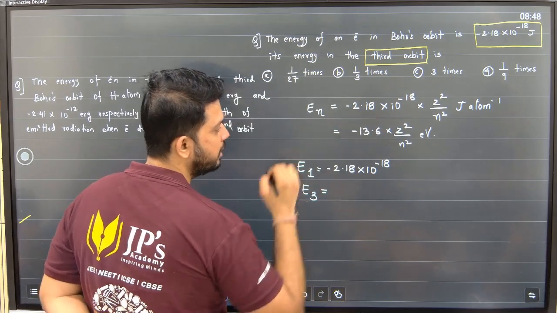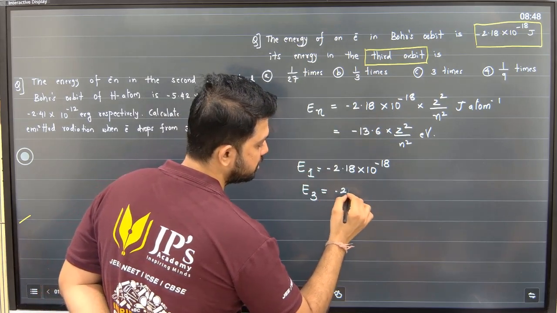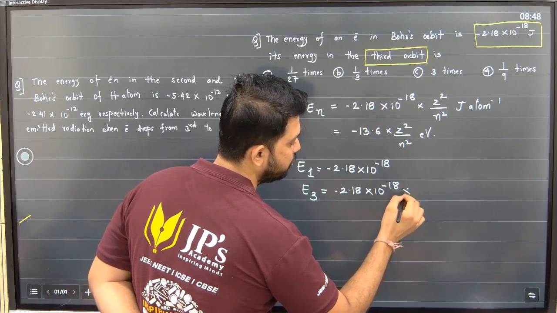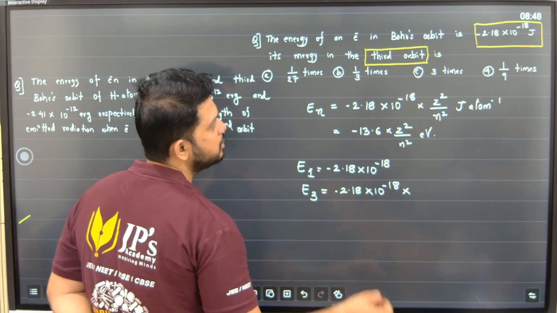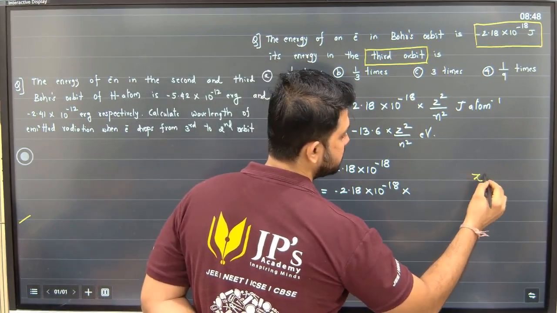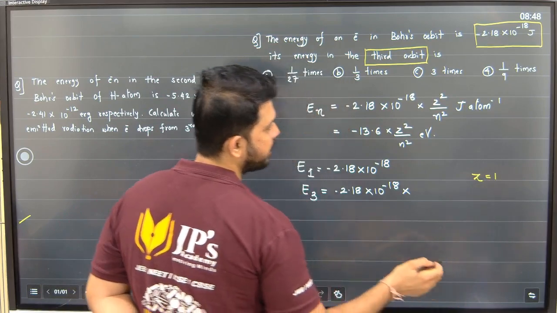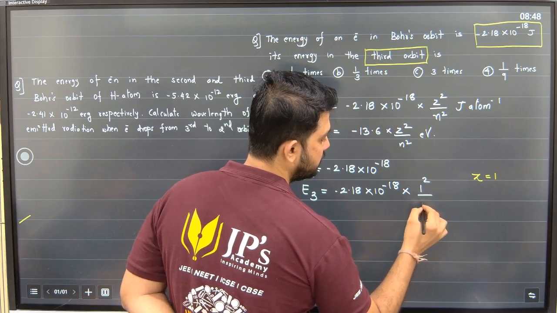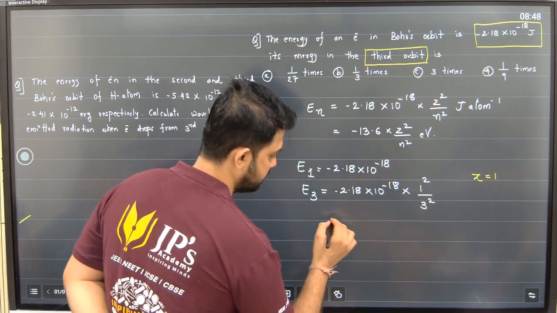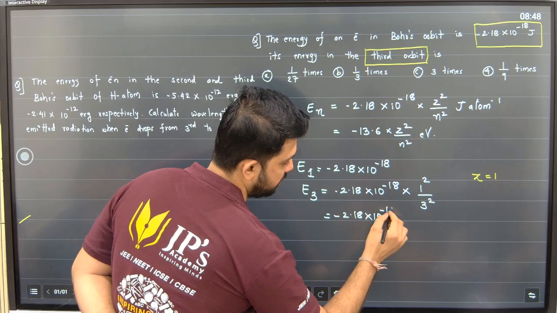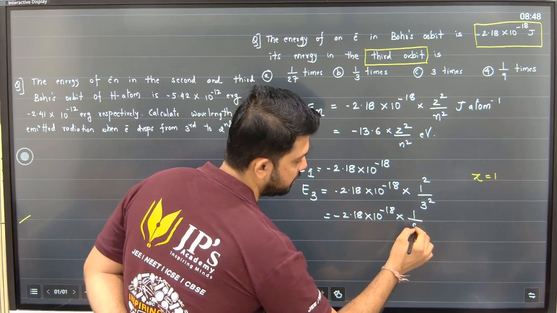So what will you put in that formula? Minus 2.18 into 10 raised to minus 18 into. Now they have not specified, so we'll consider Z to be as 1. So that will become 1 square over 3 square, into 1 over 9.